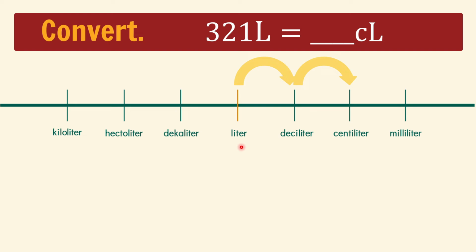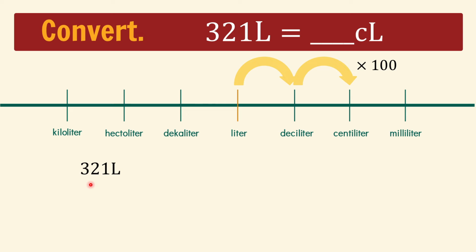Since we are converting bigger units to smaller units, what operation will we use in the conversion? Okay, so the operation we will use is multiplication. But since we are now talking of capacity, each step will be 10. And we will have 100 as the multiplier because we take two steps, which means 10 times 10.